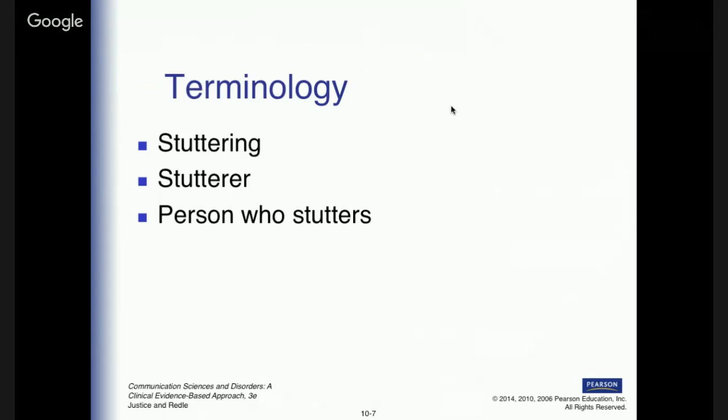However, there's now a really big movement, certainly with people who have autism and people who stutter, to actually use the term autistic and to use the term stutterer. And one of the big reasons for that is that if there's nothing wrong with the word stuttering, then there would be nothing wrong with calling a person a stutterer.